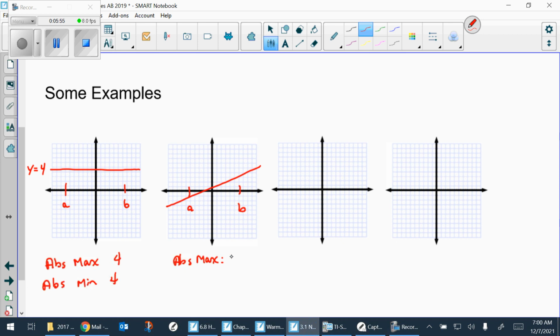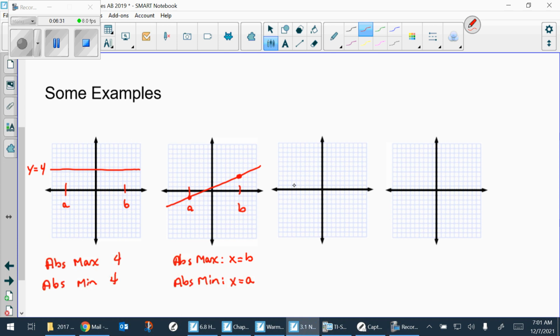And I'm going to say the x value of the absolute max occurs at x equals b. So if I'm asked for the x value of the absolute max, the highest y value we attain is at b. And the absolute min, again, if I'm asked for an x value, then I'm going to say, well, that occurs at x equals a. So it all depends on how the question is asked of you. Do they want the value or do they want the x value at which it occurs?